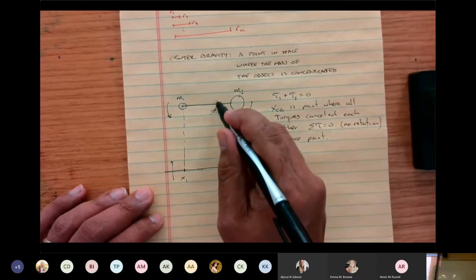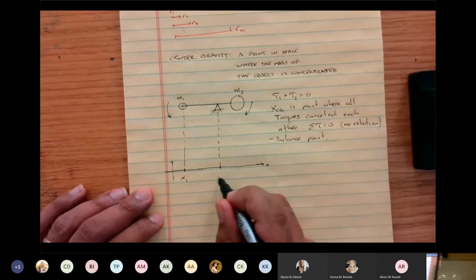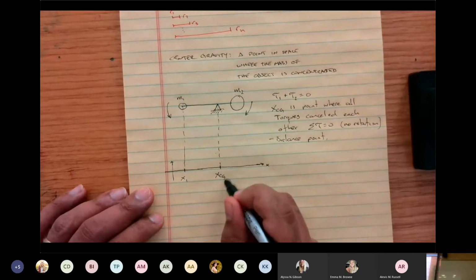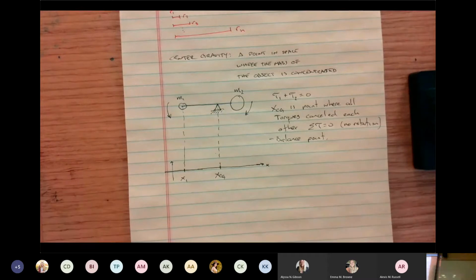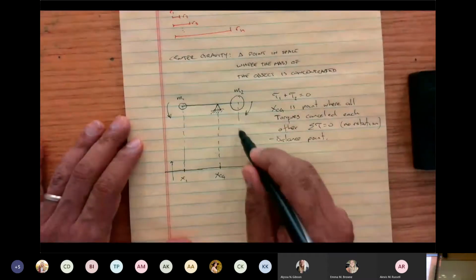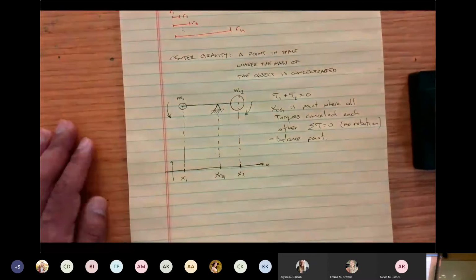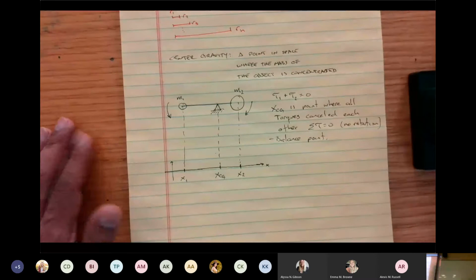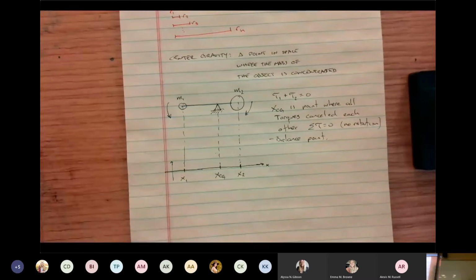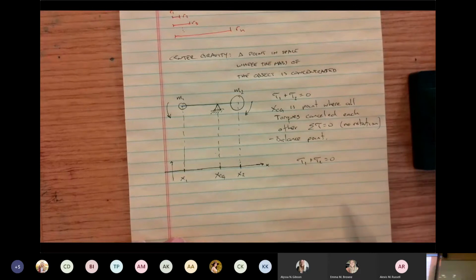Here I'm going to have the position of the center of gravity that I don't know; that's what I'm trying to find out. And here I'm going to have x2, the position of mass number 2. Again, what I want to find out is the location in which all the torques are going to cancel. So I want to find out where tau 1 plus tau 2 is equal to 0.